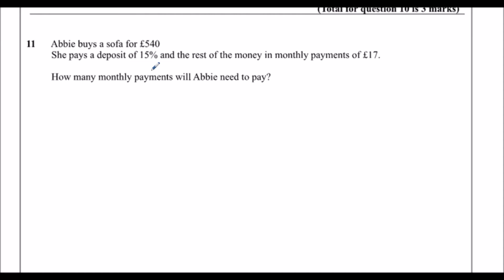To work out 15% of 540, with a calculator we can do 15% times 540, or 0.15 times 540. Either of those will find us £81. So she has to pay a deposit of £81.